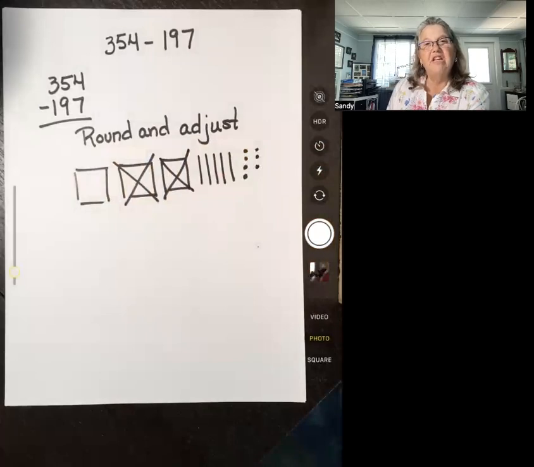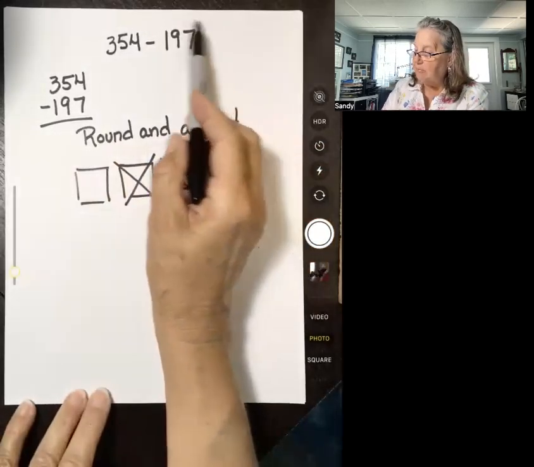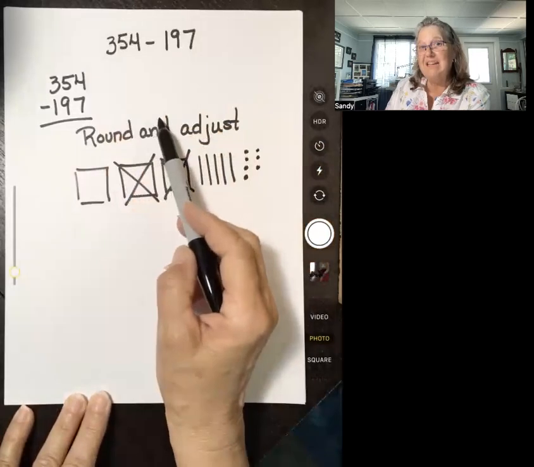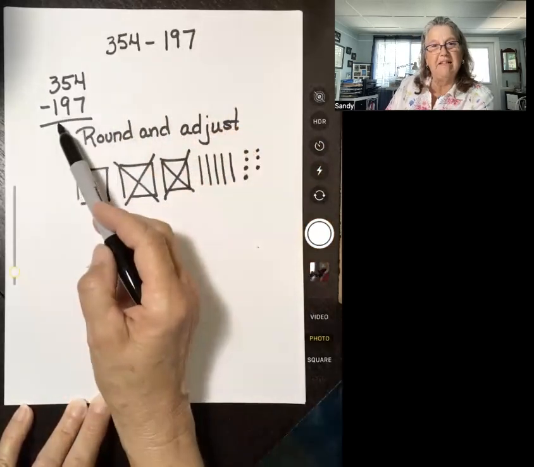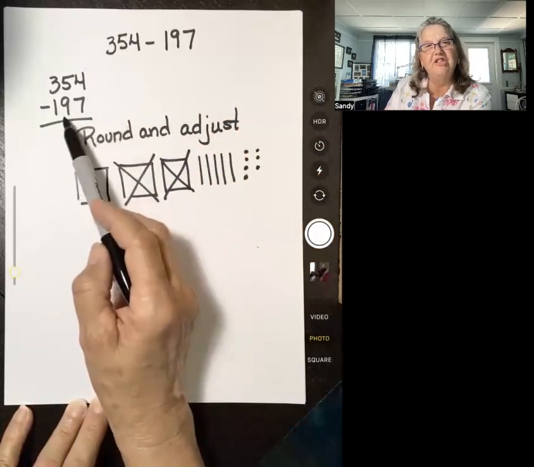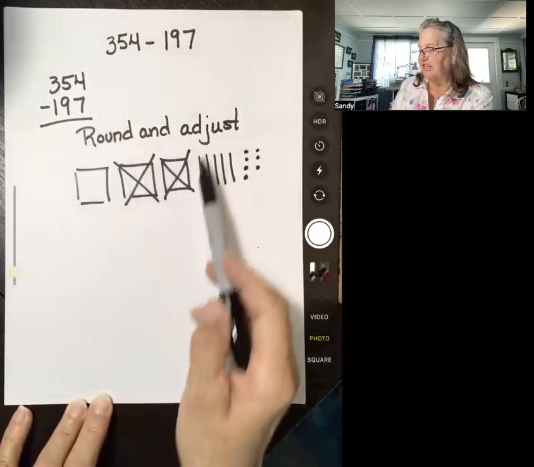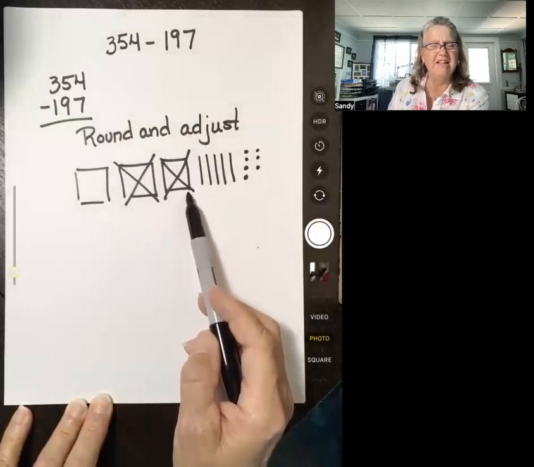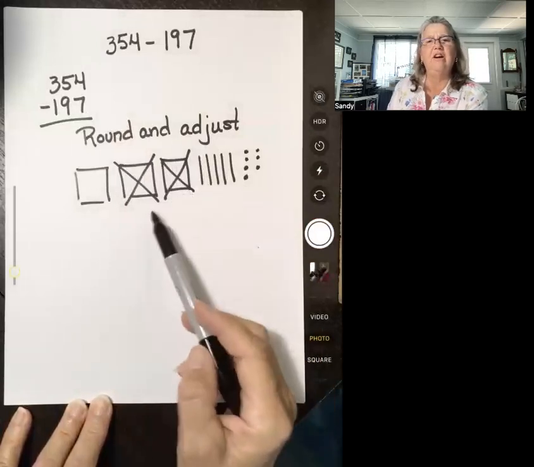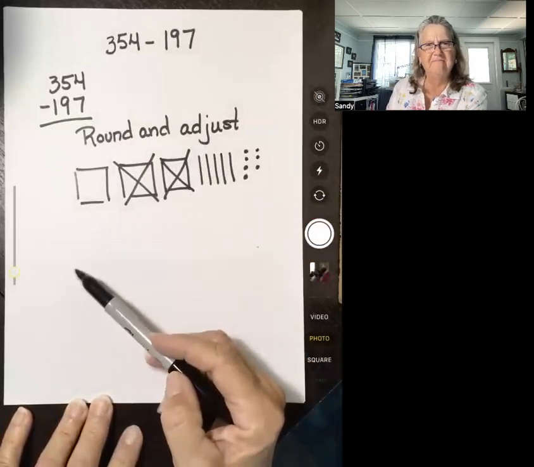Now you see what we've done is we've taken a regrouping type problem, and instead of shifting to paper and pencil and having to remember all those steps, I use the round and adjust strategy, which is a mental strategy, right? I can now do this in my head. I remove 200, give back 3, 157, done.